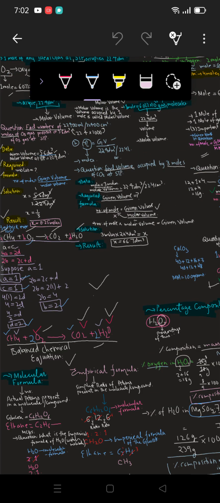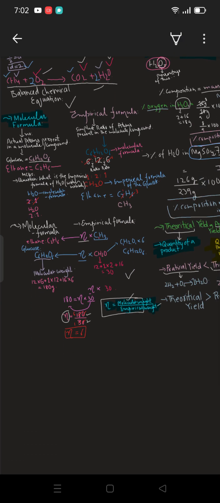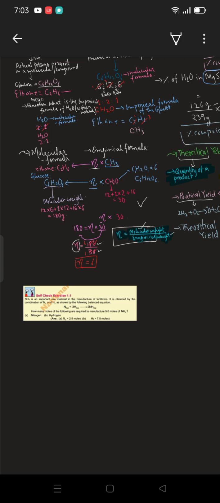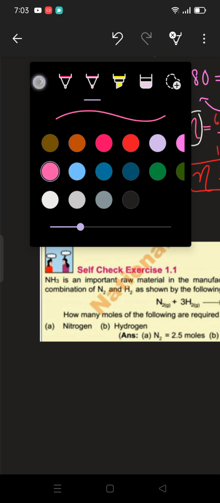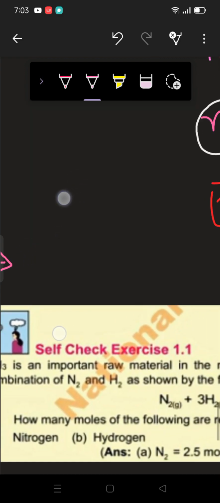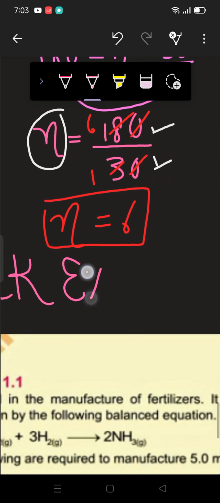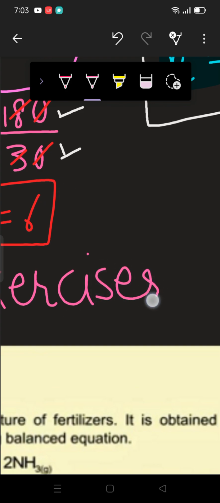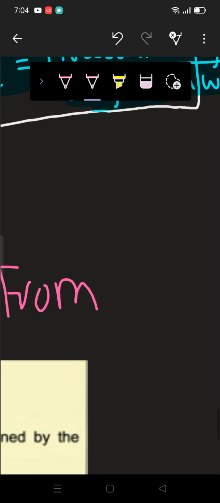So let's check the question first, what they are asking about. So here we have got our exercise 1.1. Let's give a heading here, as we are going to start the self-check exercises from the federal book.